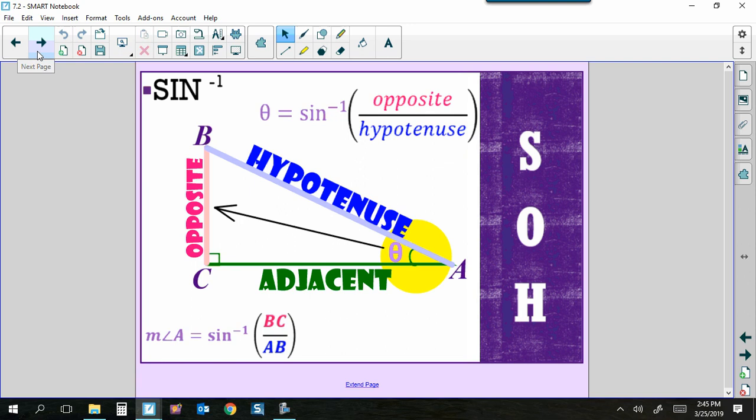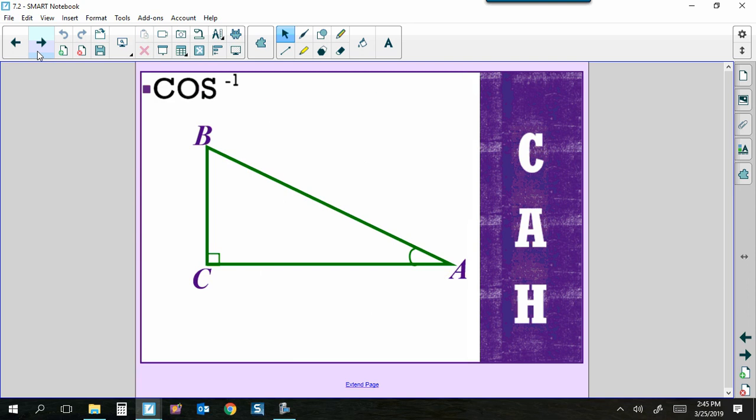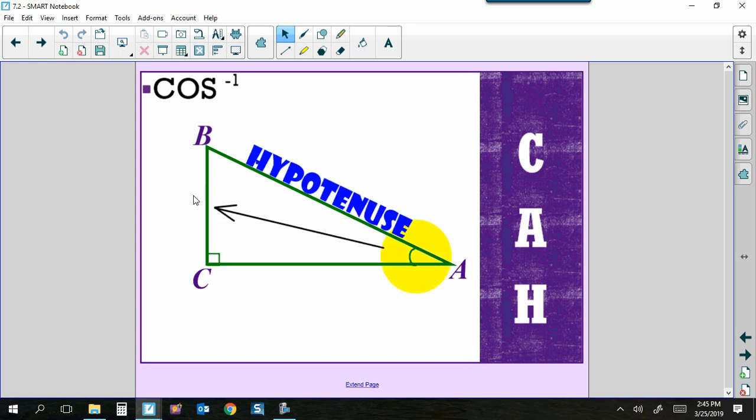The next two are going to be very similar, using what we did in 7.1. Now we're going to do the inverse of cosine. Remember, for cosine, we need to know our opposite, adjacent, and hypotenuse sides. AB is our hypotenuse. If we use angle A, BC is our opposite side, and AC is our adjacent side.